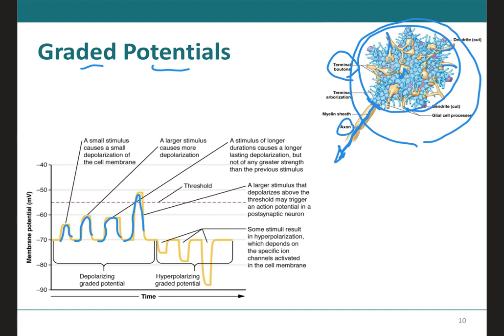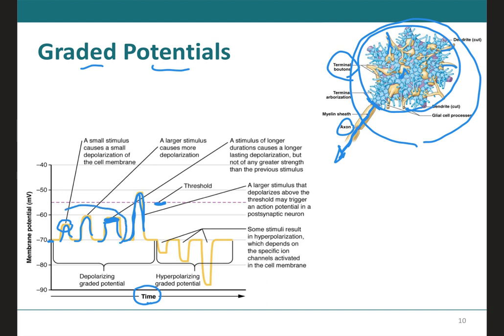You can have some that last a little time, others that last longer. Notice how this plateau over here is longer according to the time, and some are more potent than others because this stimulus over here is actually reaching threshold. So it goes from minus 70 millivolts, which is the resting membrane potential.